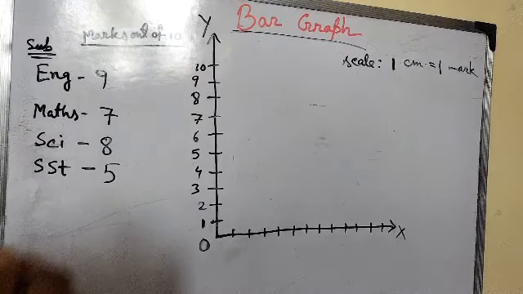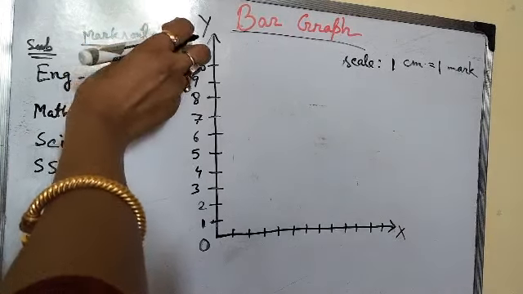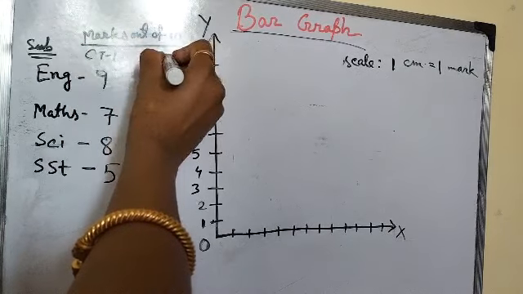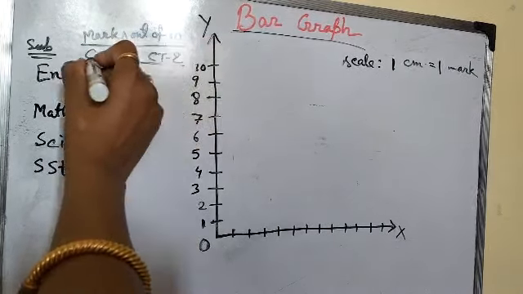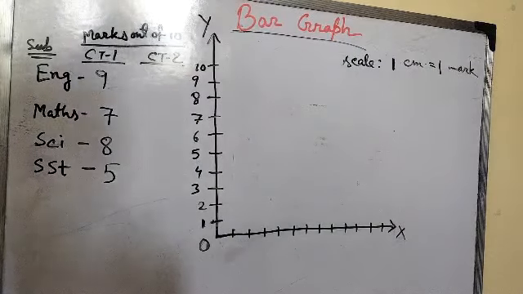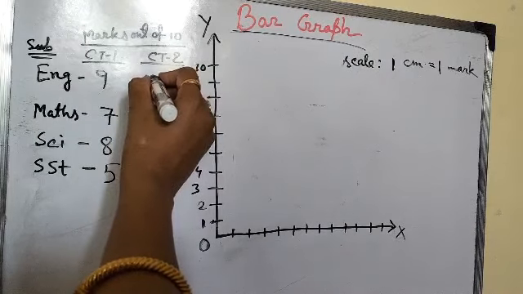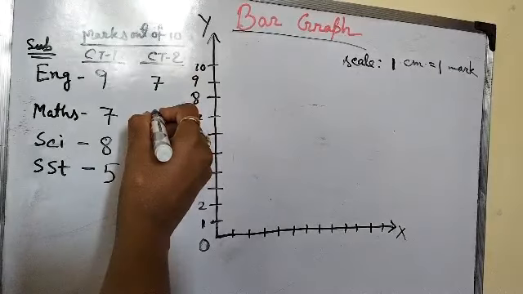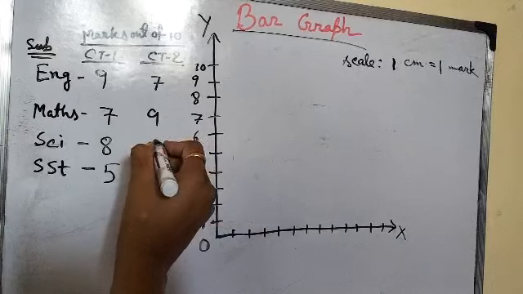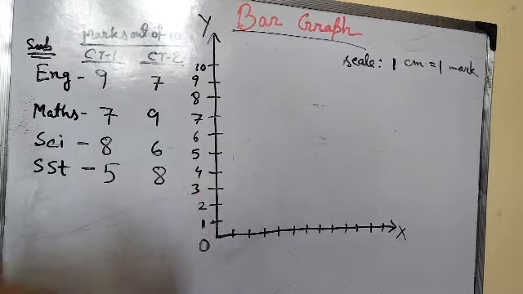But here, if I take this, this is term 1 exams, city 1, this is city 1 and this is city 2. Full marks will be the same, that is 10, and the marks are, suppose this is 7, this is 9, this is 6 and this is 8.